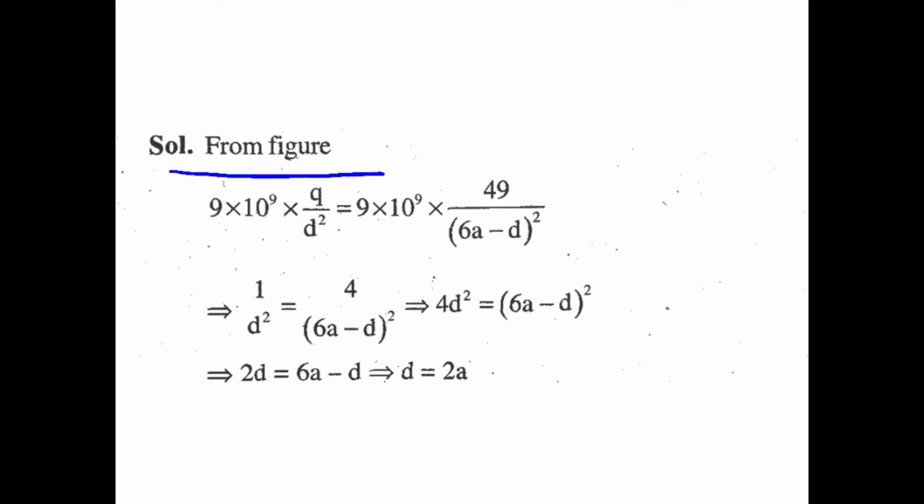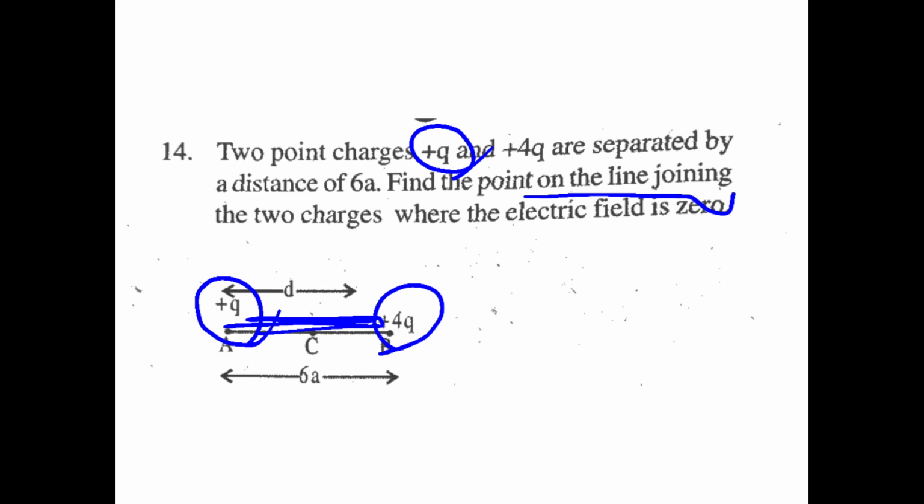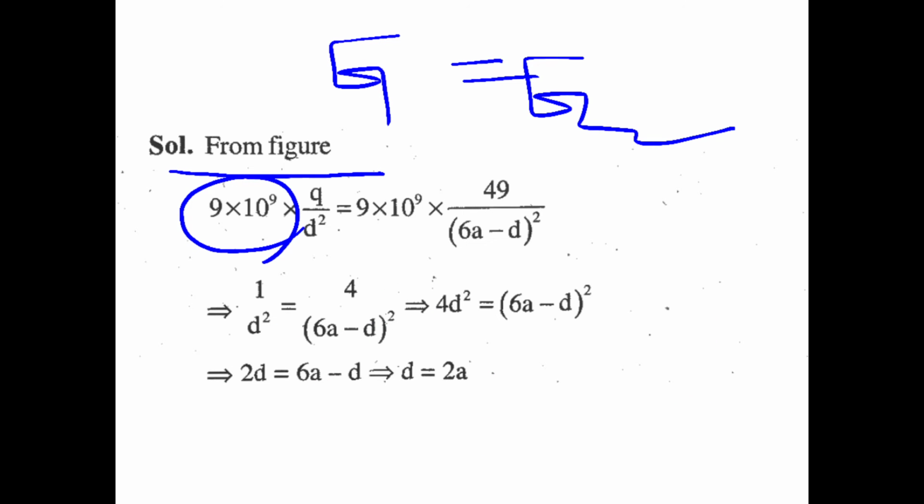that E1 is equal to E2. We have to equate this. That is k into q by d square. If the distance between A and C is d, then the distance between C and B will be 6a minus d. And here E1 is equal to E2.